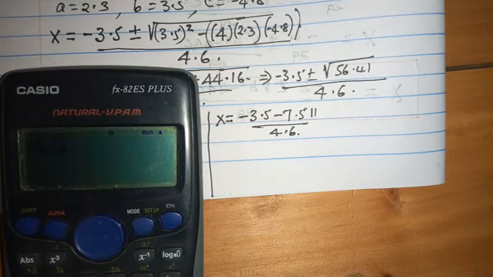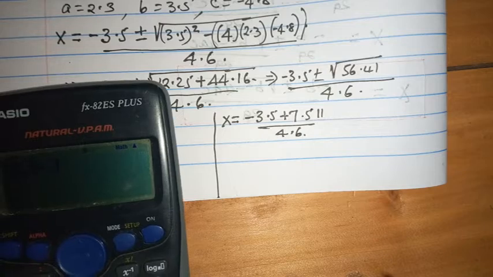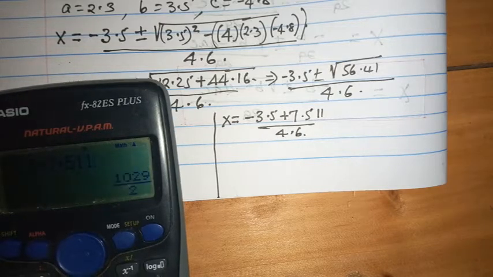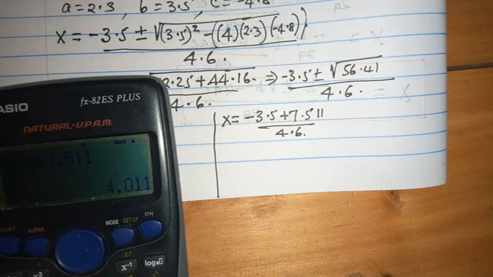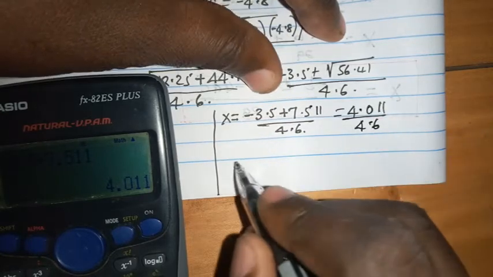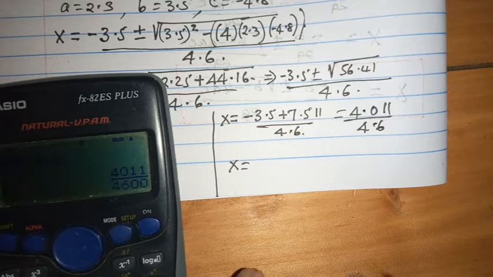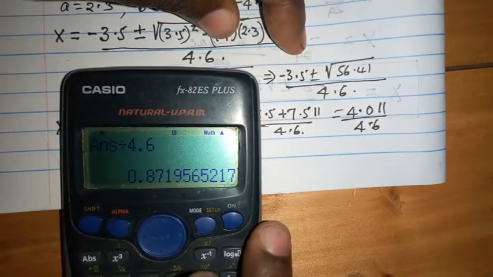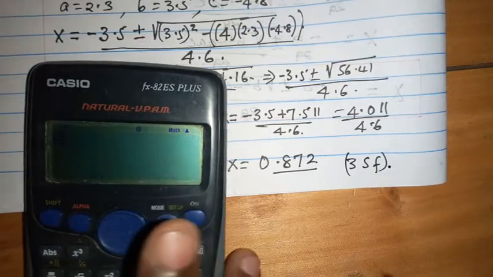Minus 3.5 plus 7.511 equals 4.011, which we divide by 4.6, which is basically 0.872, of course to three significant figures. Those are the answers that we have.